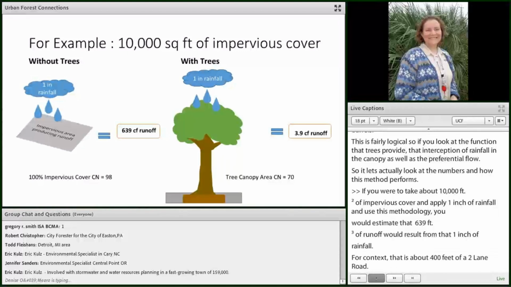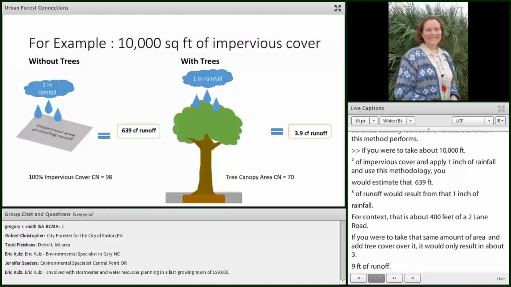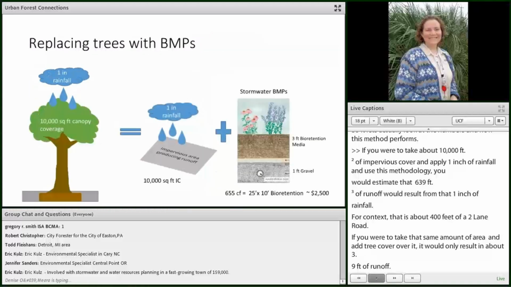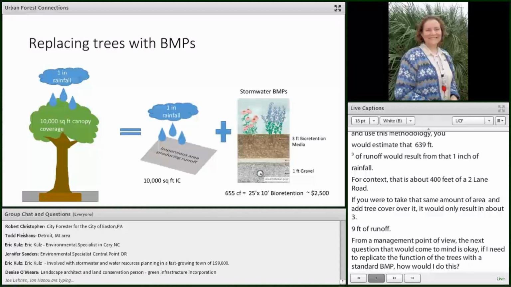From a management point of view, the next question that's going to come to mind is, okay, if I need to replicate the function of trees with a standard BMP, how would I do this? So taking that into account, you would have to design using standard design parameters with depths, etc., about a 25-foot by 10-foot bioretention feature.